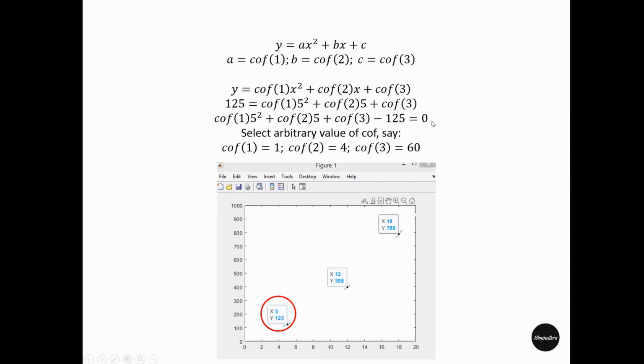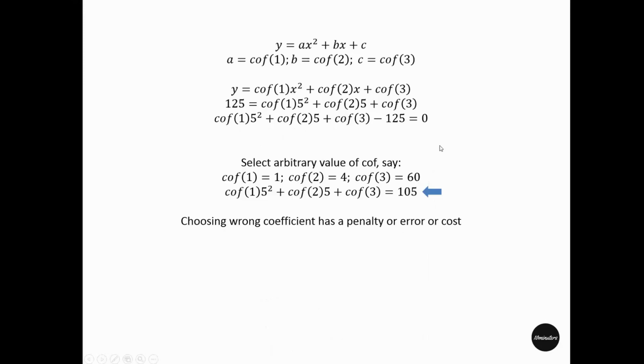Let's say, as we don't know what the values of these are, we start to guess. So one of our guesses was coefficient 1's value is 1, coefficient 2's value is 4, and coefficient 3's value is 60. Let's see what happens if we choose these values.